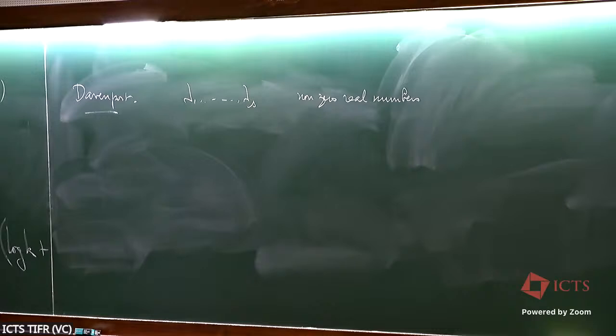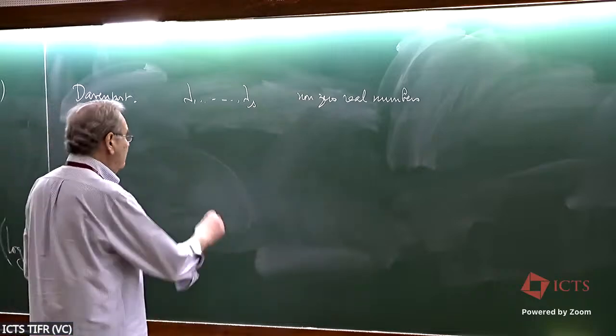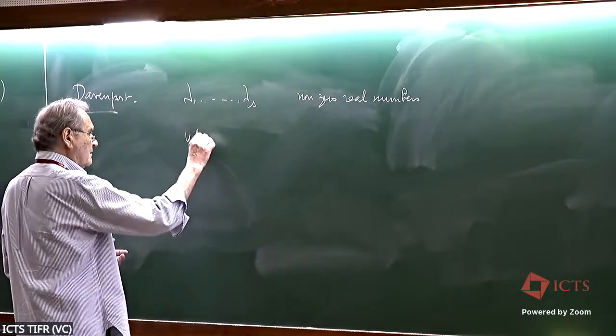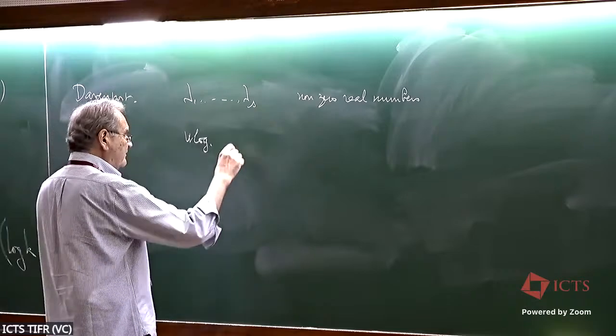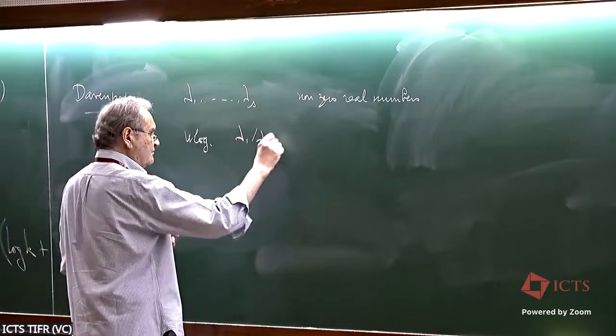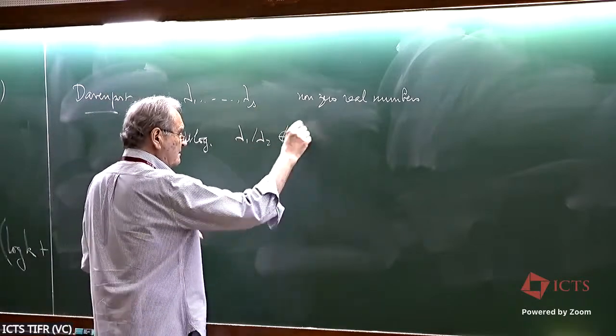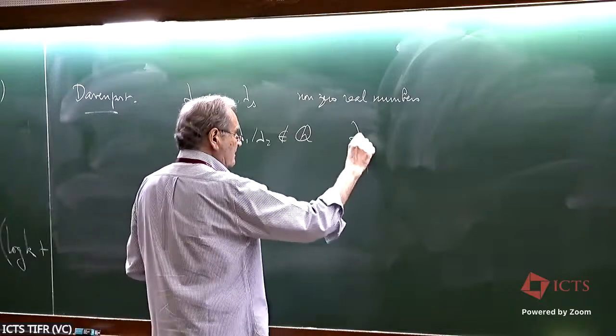They are not all rationally dependent on one another, at least two of them. And also that they are not all of the same sign. And you can assume without loss of generality, according to what I was saying before, that lambda 1 over lambda 2 is an irrational number, and that lambda 1, lambda 2 is negative.